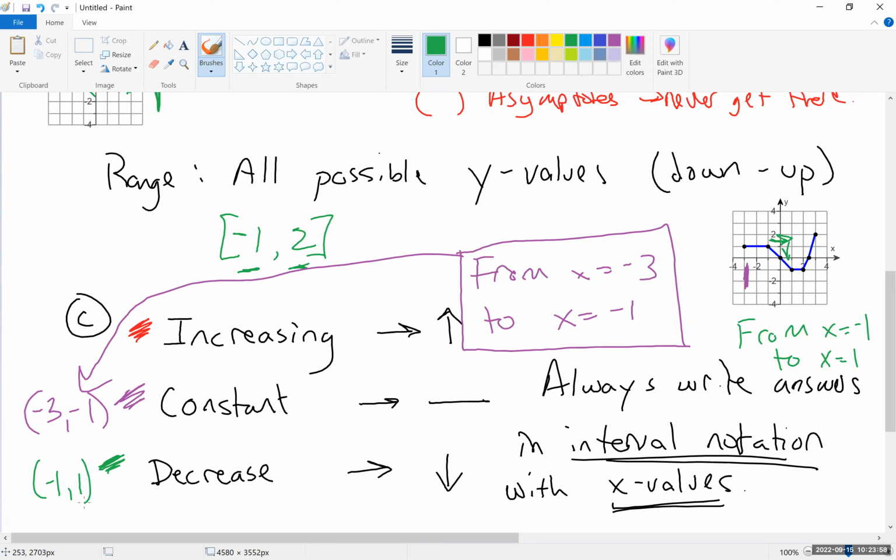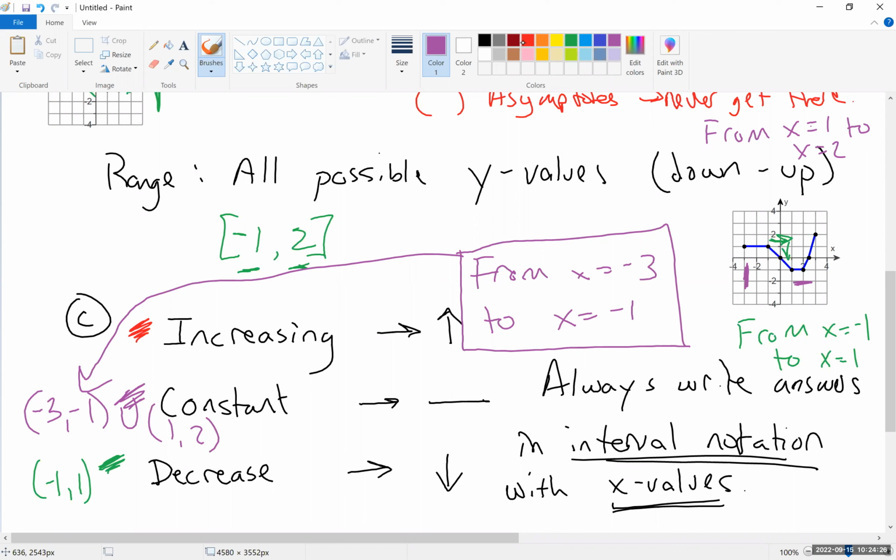Okay? Then we have another area of constant, right? From x equals 1 to x equals 2. And so from x equals 1 to x equals 2. So we'd put a union, 1 to 2. Oh, yeah, that's fine. From 1 to 2, it's constant. And then from 2 to 3, it's increasing.